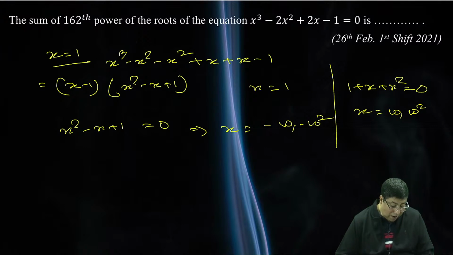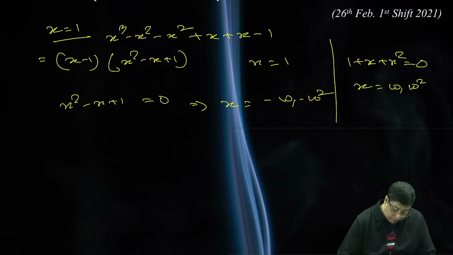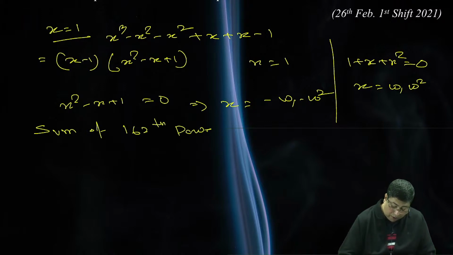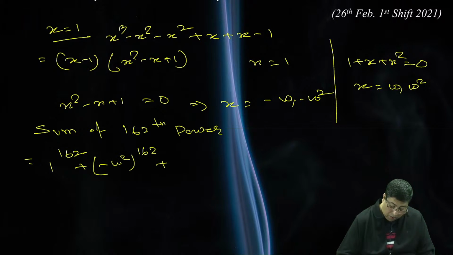So, sum of the 162th power of roots equal to 1 to the power 162 minus omega square to the power 162 minus omega to the power 162.